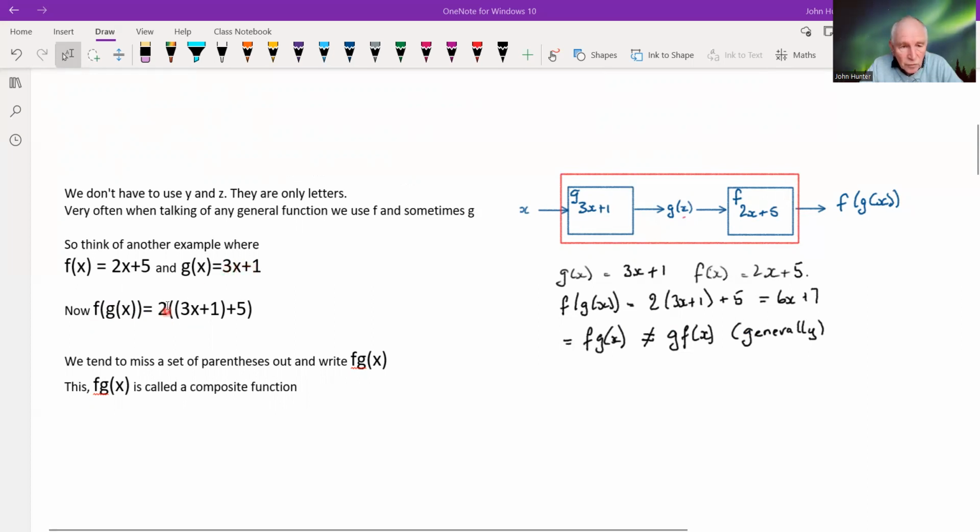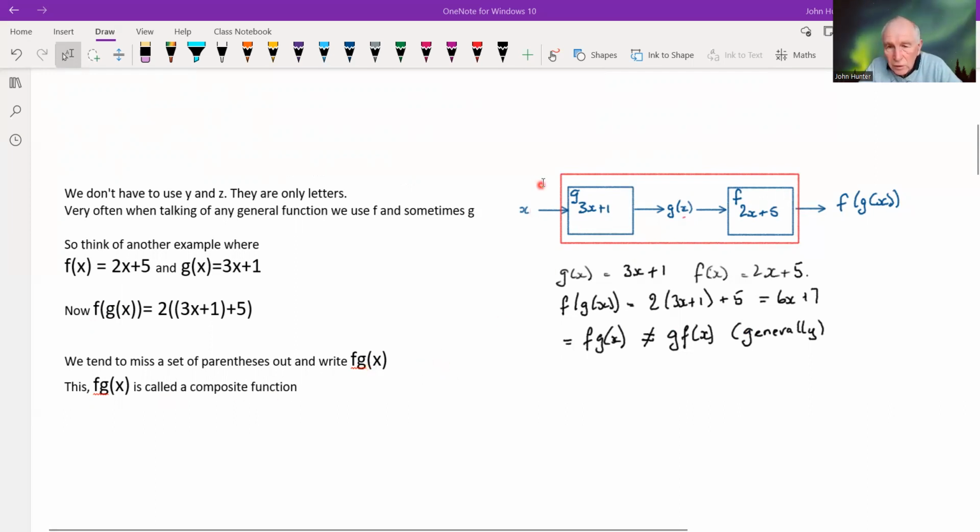So our 2x plus 5 becomes 2 into 3x plus 1 plus 5. Now when we write this, we tend to miss out this set of parentheses. Just write it like this, f g x, and that is a composite function.